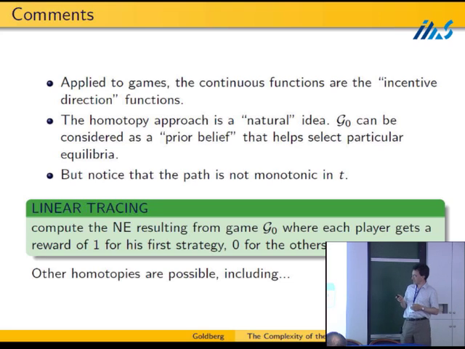As I've mentioned, the continuous functions in question are what I'm calling incentive direction functions. I think it's fair to say that the homotopy approach is a natural idea. We can think of it as a kind of criterion for equilibrium selection.